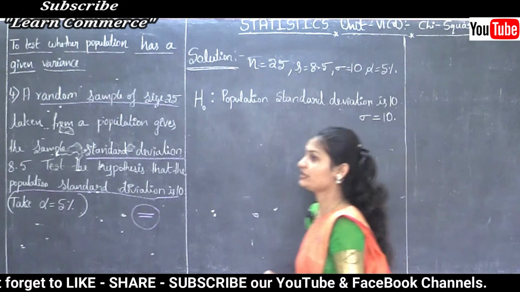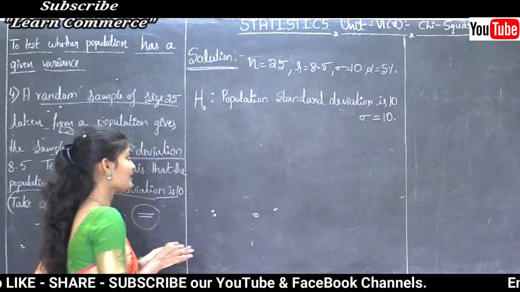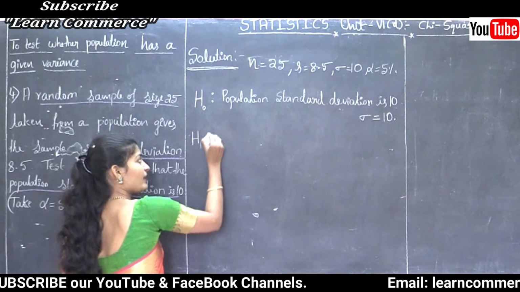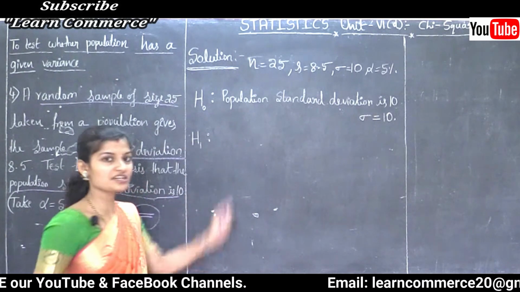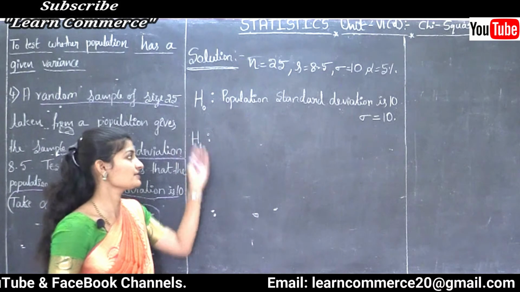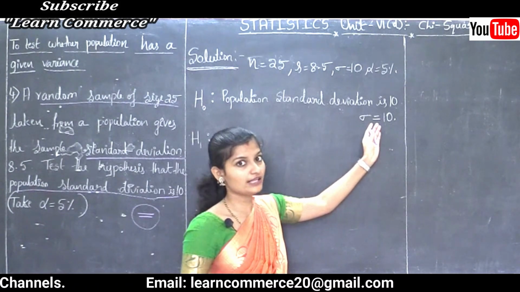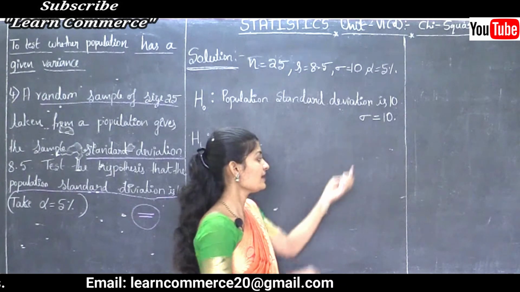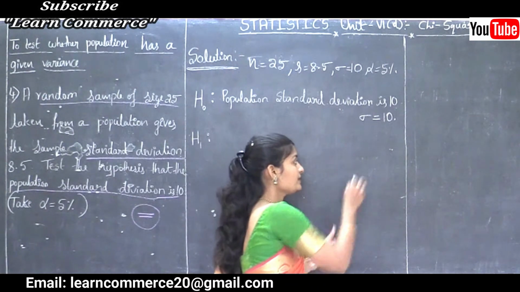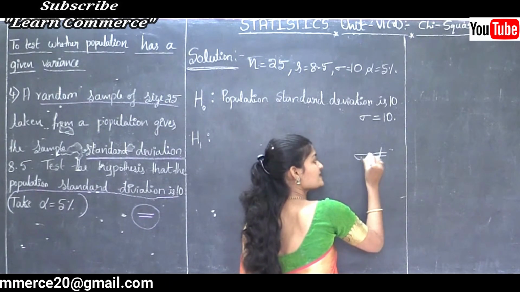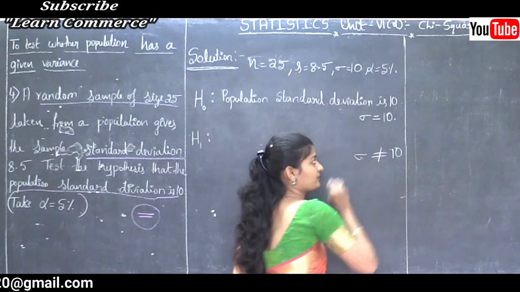Then step 2 is the setting up of the alternative hypothesis. The alternative hypothesis is denoted by H1. This is the rejection possibility of the null hypothesis. If it is equal to, then it is the null hypothesis. When it is rejected, the possibility is not equal to. So we can say sigma not equal to 10.